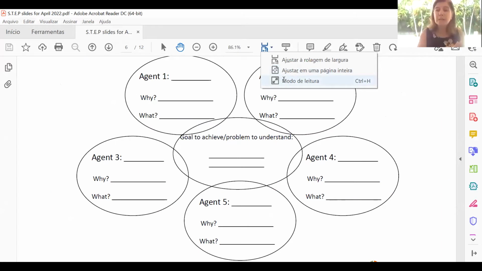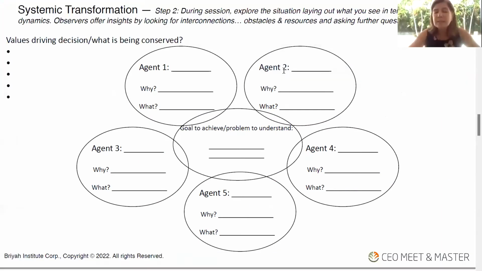If you have done the pre-work, this is the slide you're going to be using for the conversation when you present. Remember, you only have 10 minutes to present your story. So you do it in a concise way, but trying to bring the elements of the problem that you see so your peers can help you find additional insights.